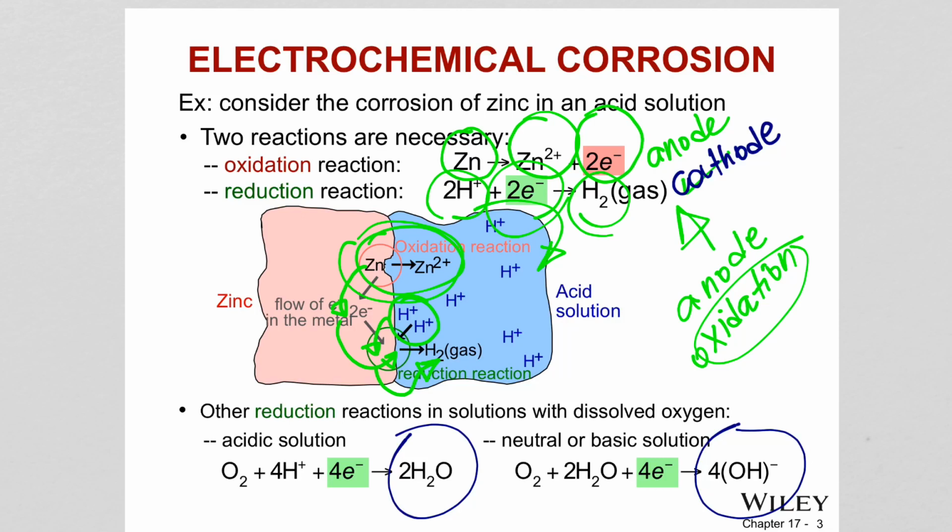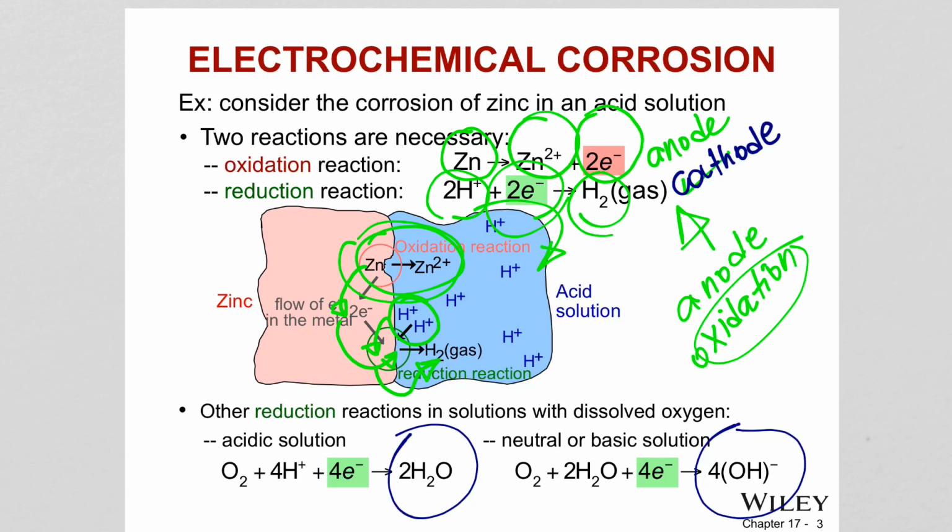First, there has to be anodes and cathodes present. Either it can be two different materials attached to each other, and one can act as an anode and the other one can act as a cathode. Or, in this example, there can be regions in the same material that can act.